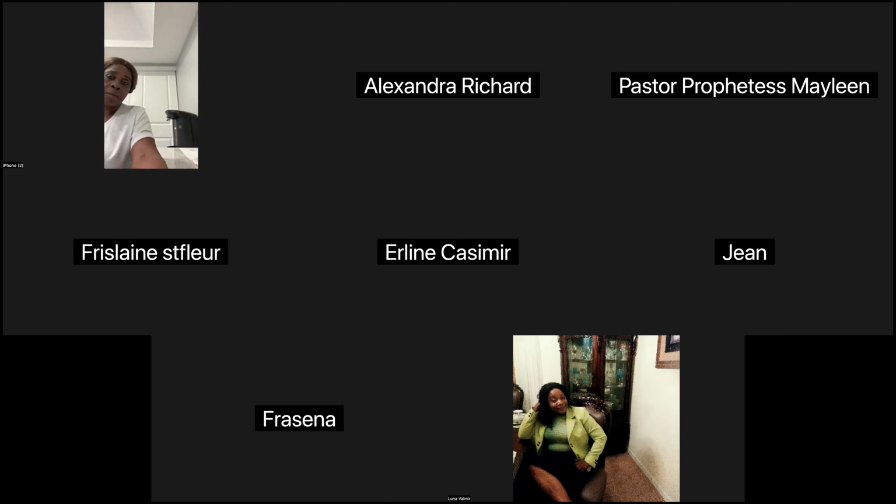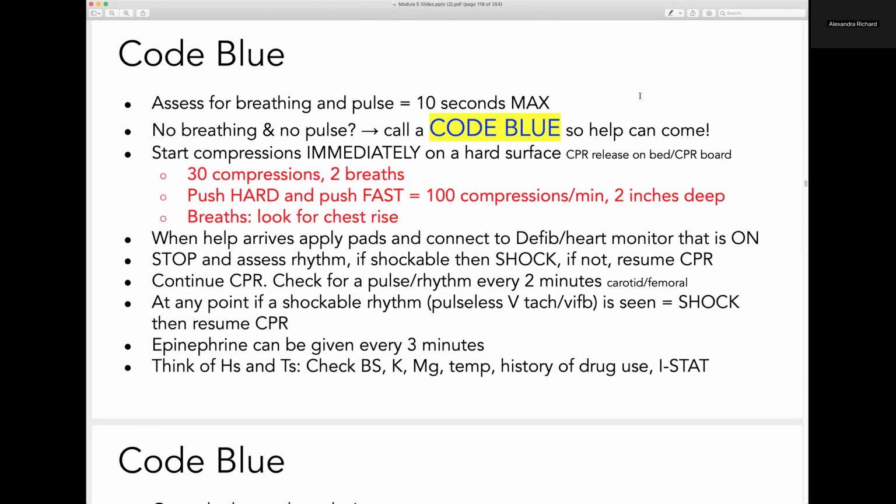So now let's go over some important components for CPR. When we're talking about someone who is a code blue, this is somebody who requires CPR, and we may not know what rhythm they have yet.